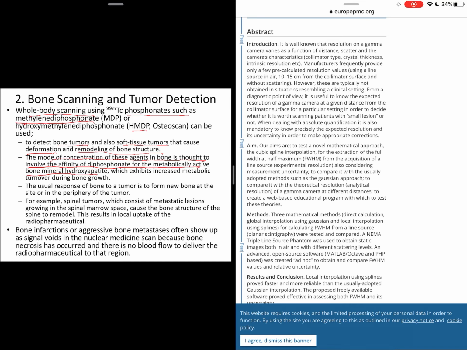The mode of concentration of these agents in bone is thought to involve the affinity of this phosphonate for the metabolically active bone mineral hydroxyapatite.